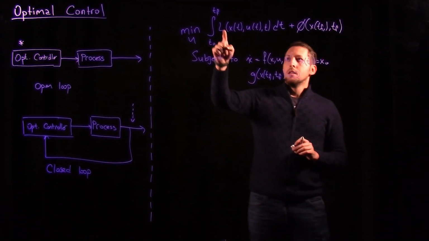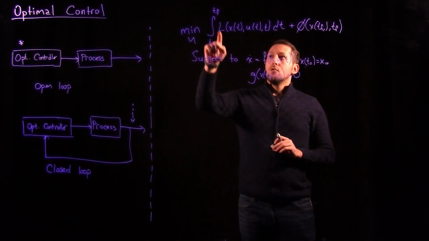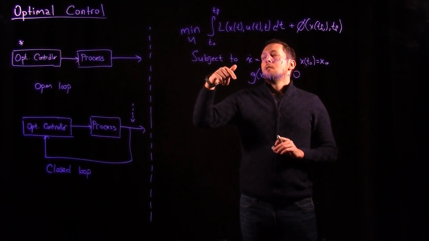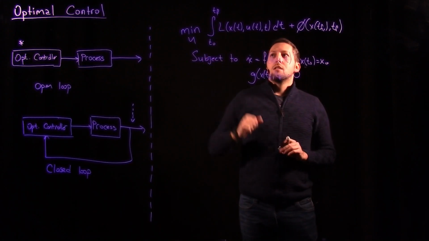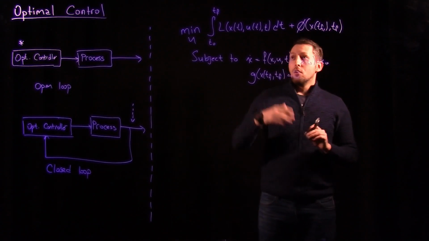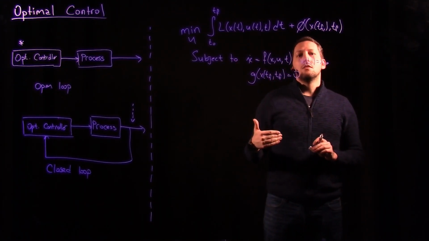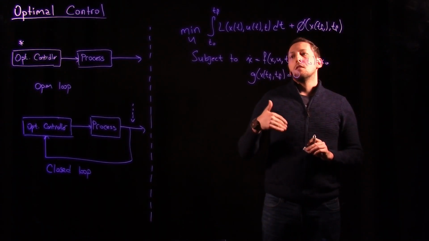For example, TF, the final time, is fixed in this formulation, but you as a designer or engineer can also take this final time value as a parameter. But of course, in that case, the type of the problem will change, and the things that you need to do to solve this problem will also change.